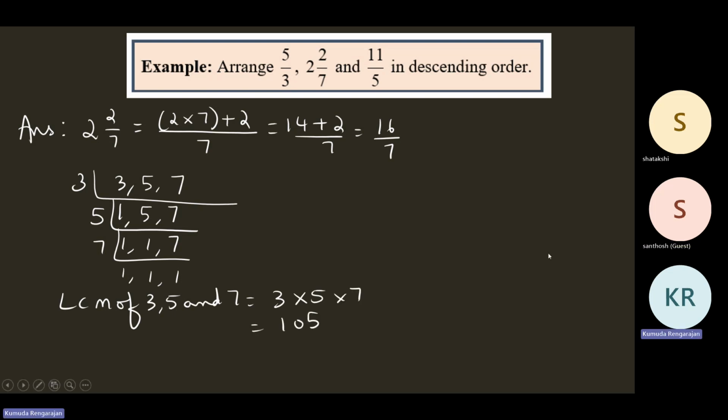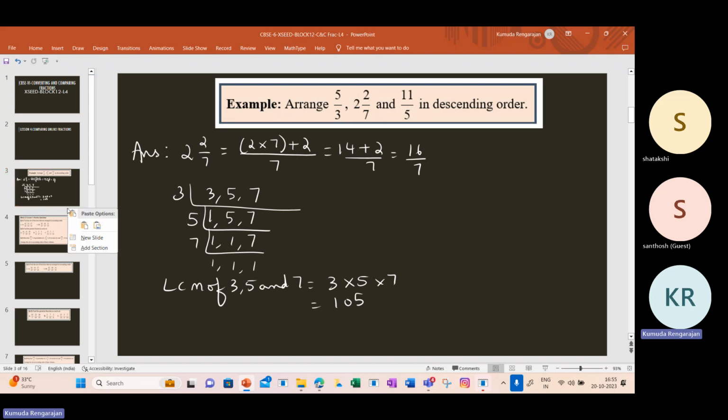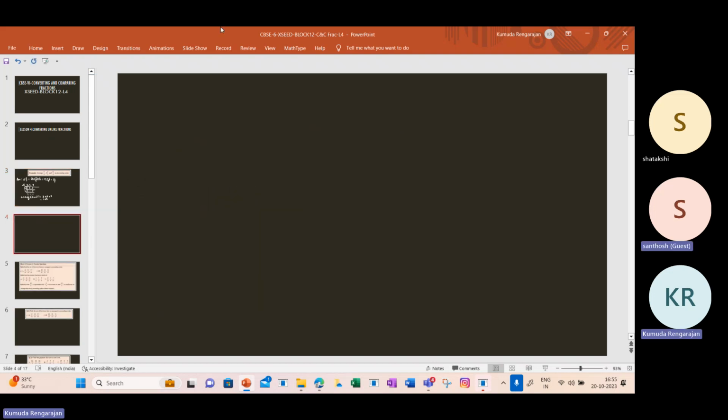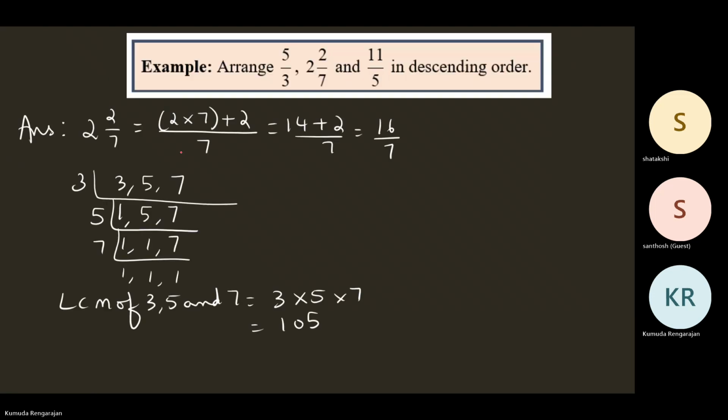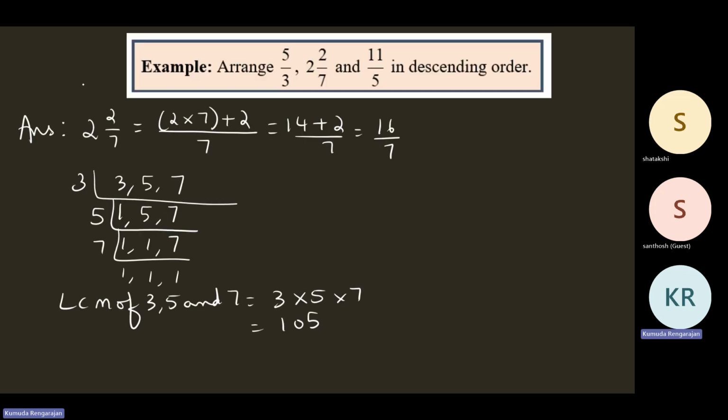Now, what's the next step? You need to bring everything to the same denominator with the help of the LCM. So take up the first fraction 5 by 3. Extend it like this. Multiply both the numerator and denominator by... The denominator is 3, right?